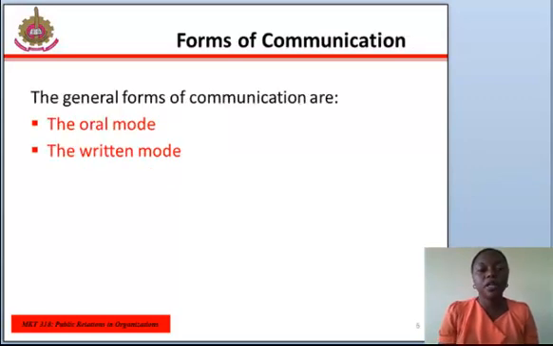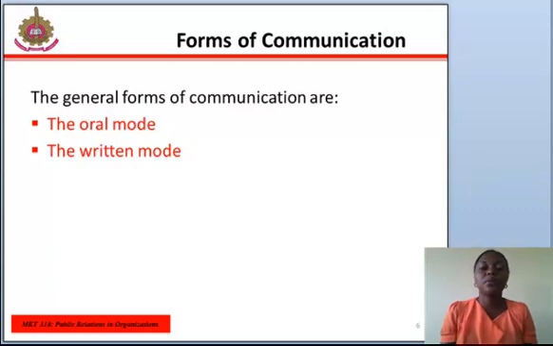Forms of communication. The general forms of communication include the oral mode and the written mode. In the oral mode, these are routine workplace communication among workers, communication at meetings, including briefing sessions, joint consultations between management and the workforce, and the grapevine, popularly called rumor, and so on.